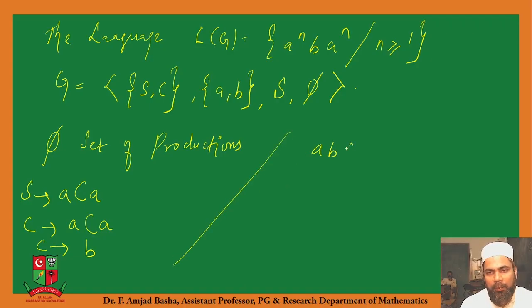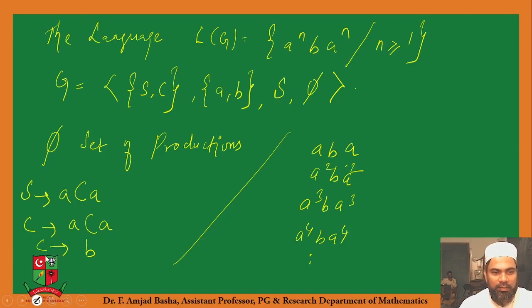It can be aba, it can be a square b a square, it can be a cube b a cube, it can be a power 4 b a power 4. These are the different words that need to be generated using this set of productions to generate context-free language with this context-free grammar.